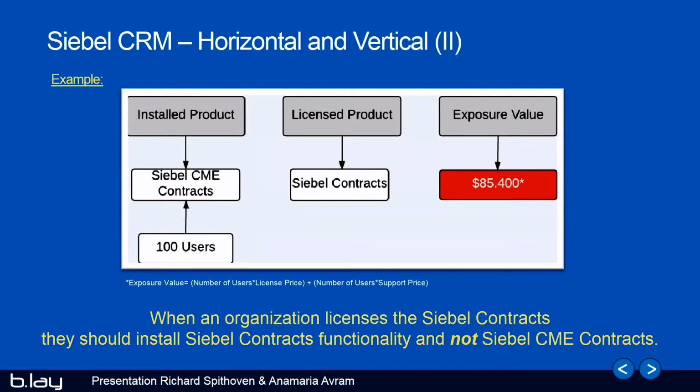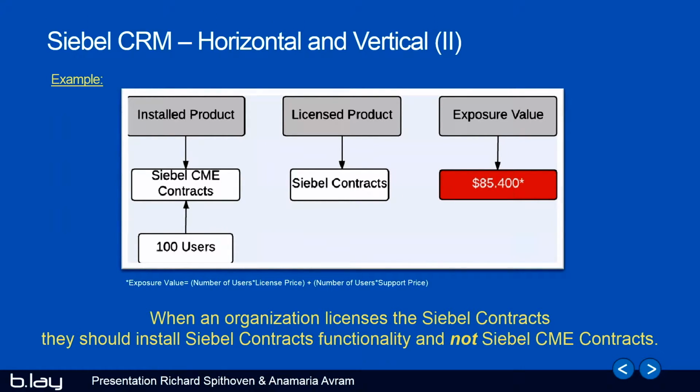Exposure value was calculated as the number of users multiplied by the license price plus the number of users multiplied by the support price. As a conclusion, as I said earlier, when an organization licenses the Siebel contracts, they should install the Siebel contracts functionality and not the Siebel communication media contracts functionality.